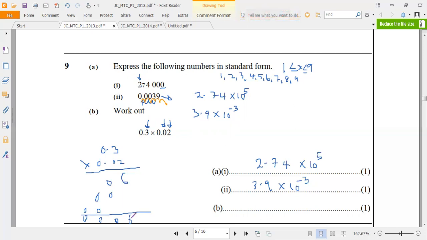So I leave 1, 2, 3, and the decimal point goes here. So the answer is 0.006.